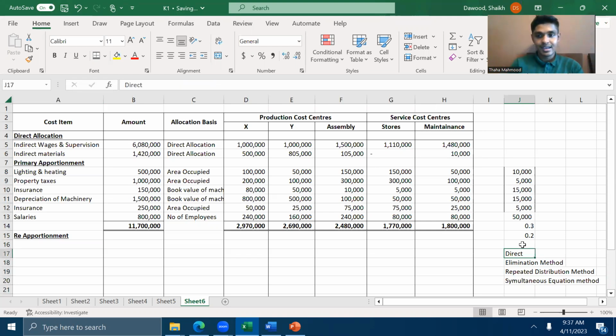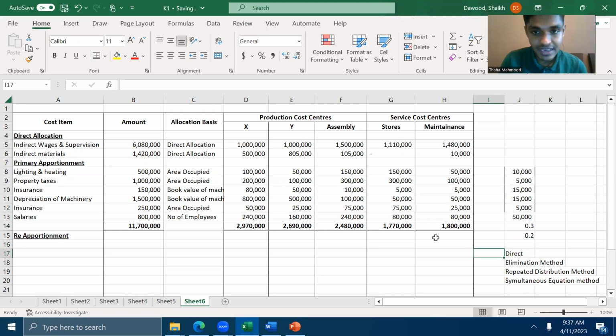The direct method is used when there are no reciprocal services. The other three methods we use when there are reciprocal services.